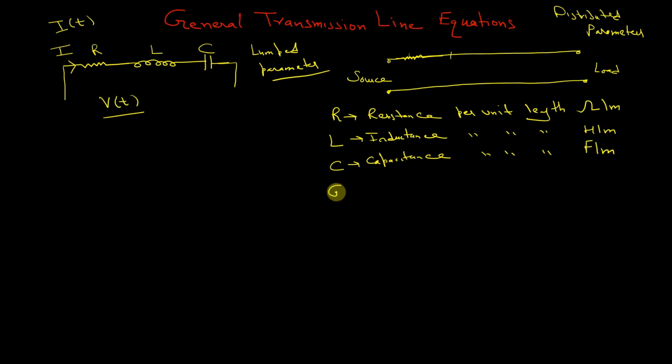Similarly, we have another parameter, G, the conductance, so conductance per unit length, and the unit will be Siemens per meter. So this type of circuit is there.